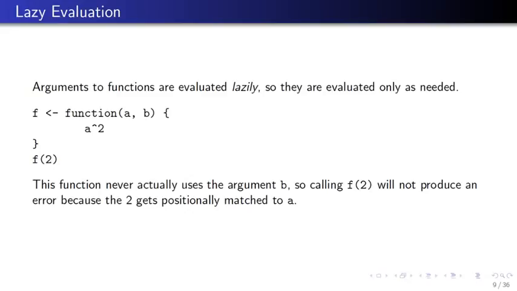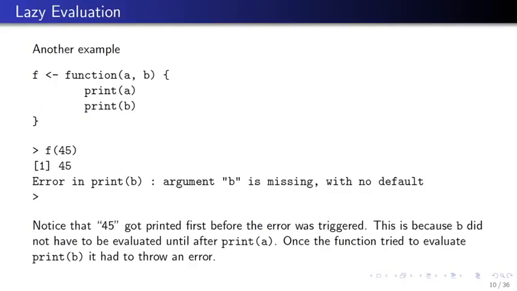You might say the function f is kind of poorly defined, so why would you give an argument that's never evaluated, and that's a reasonable objection. But in this case the function operates correctly because the value of 2 is positionally matched to the argument a, which is then squared.